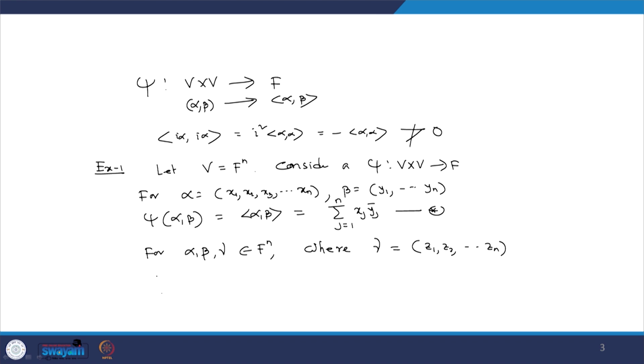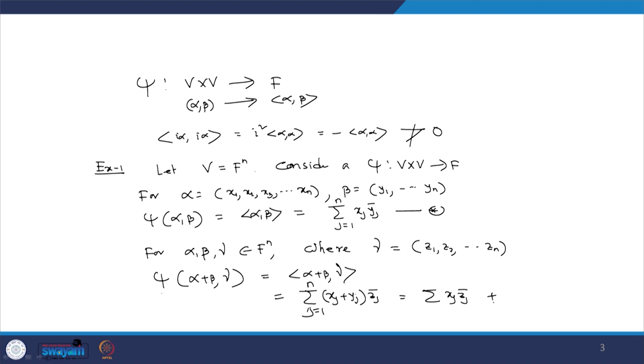Now, if I consider psi of alpha plus beta comma gamma, according to this definition it is sigma of xj plus yj into zj bar, j equal to 1 to n. So, this is equal to sigma of xj zj bar plus sigma yj zj bar.